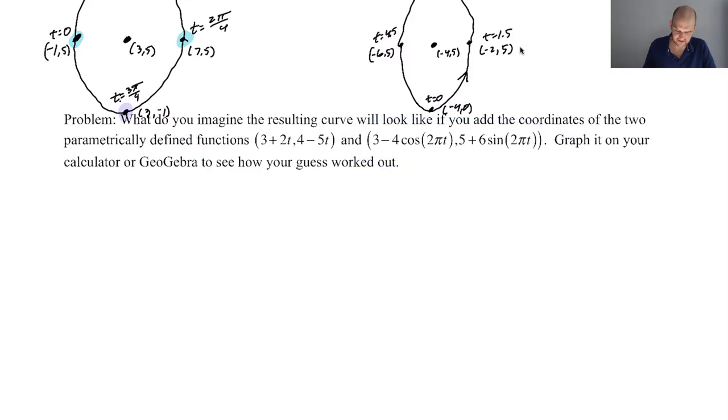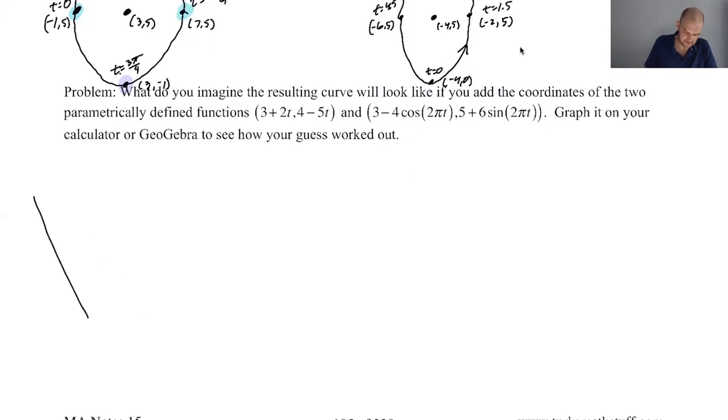One of these looks kind of like this. And then the other one is an ellipse that's bigger this way. But why is it tilted? Do you see how it's tilted? That shouldn't be the case.